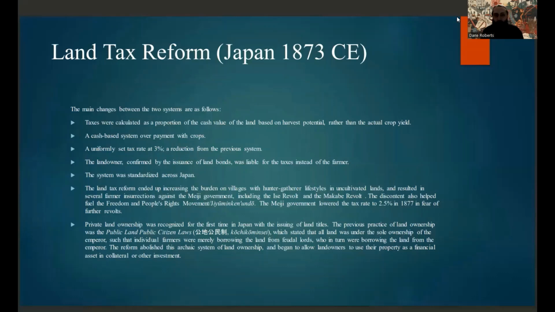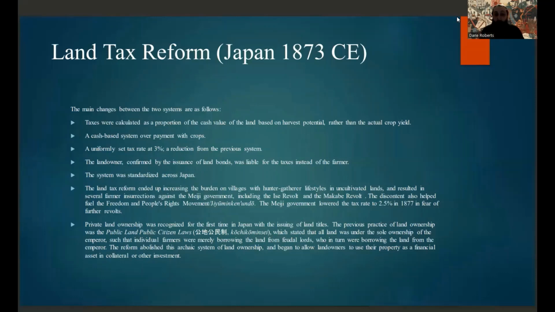The previous practice of land ownership was the public land, public citizen laws, which stated that all land was under the sole ownership of the emperor, such that individual farmers were merely borrowing the land from feudal lords, who in turn were borrowing it from the emperor, which was based off of the Chinese style of land ownership, which I talked about in the Northern and Southern Kingdoms video of China.